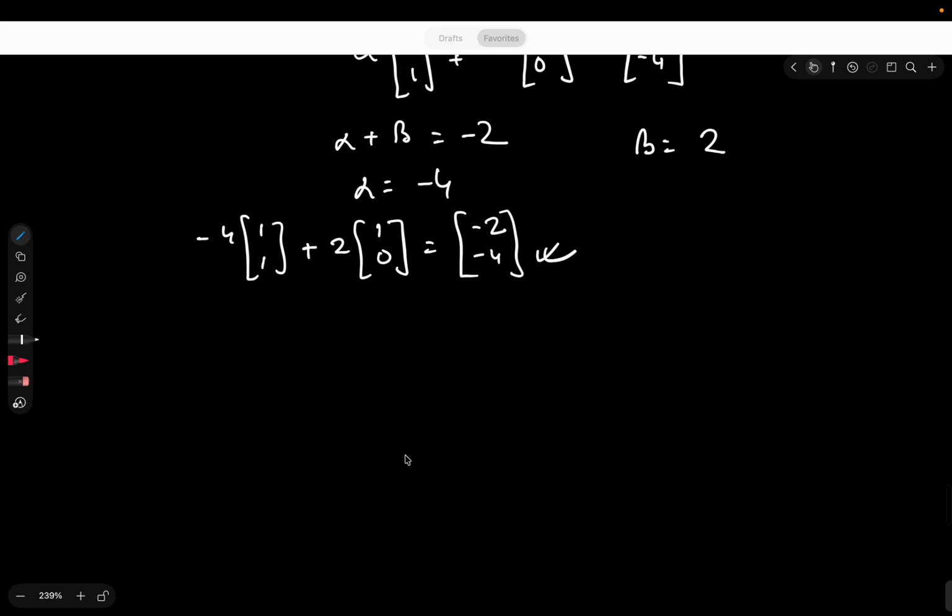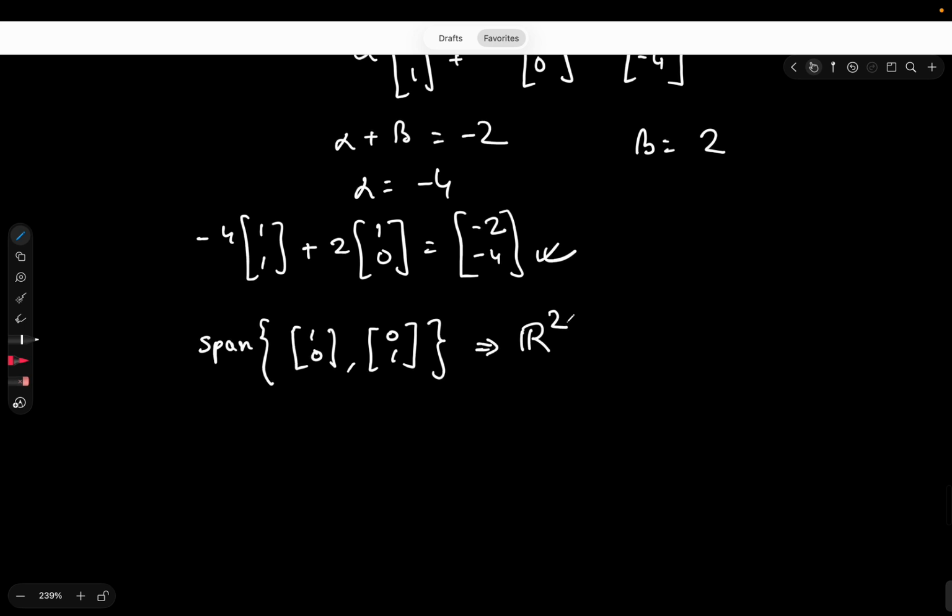Now, what do we exactly mean by the term span? The span of the vectors of the basis is the vector space which can be obtained from that specific basis. So the span of 1 0 and 0 1 is R2.